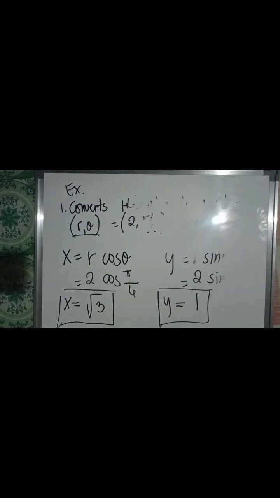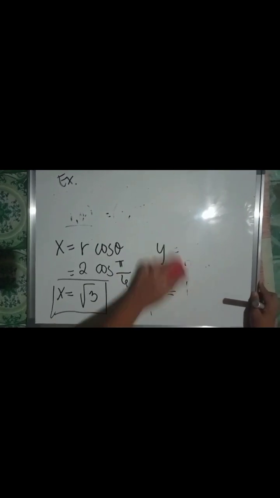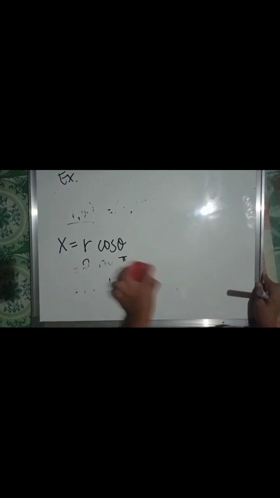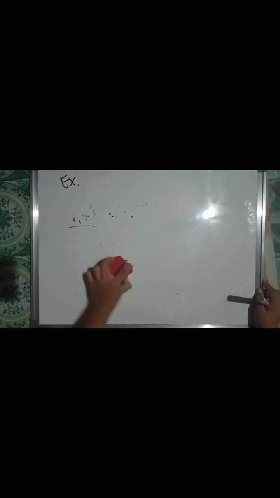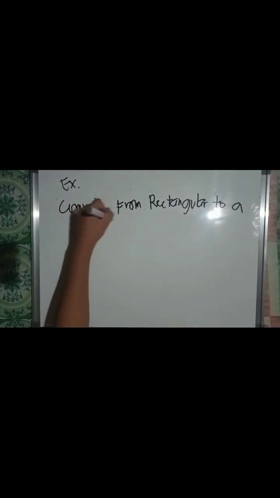And next, we will have another example. For the second example, we need to convert from rectangular to polar form.